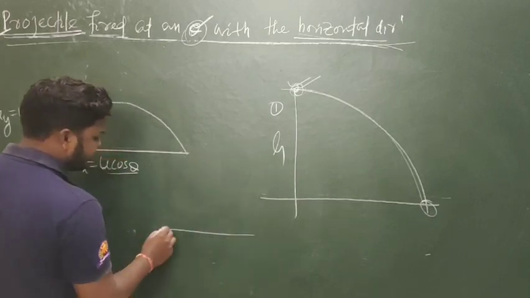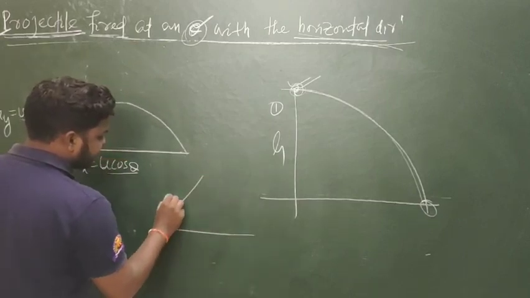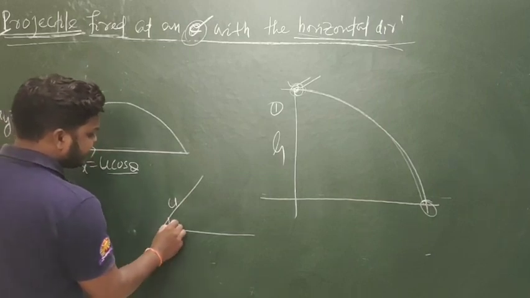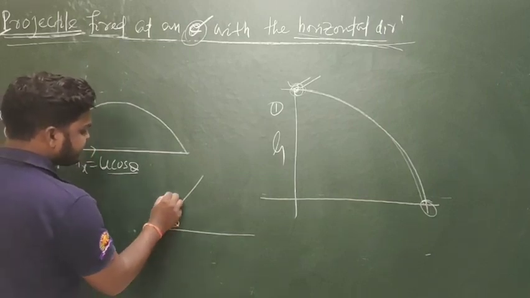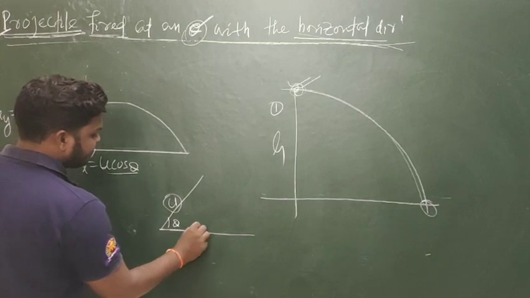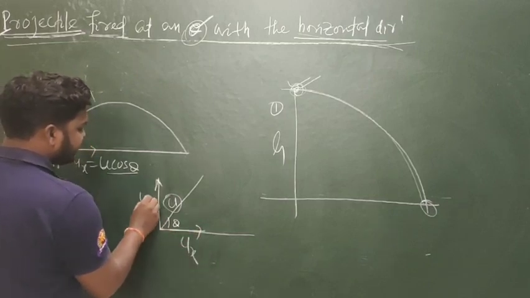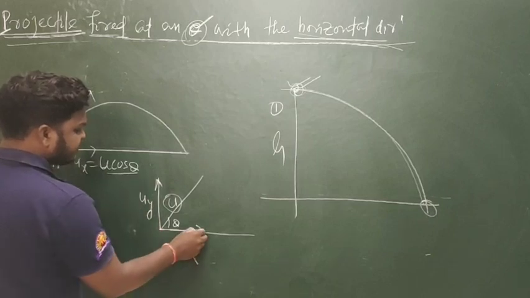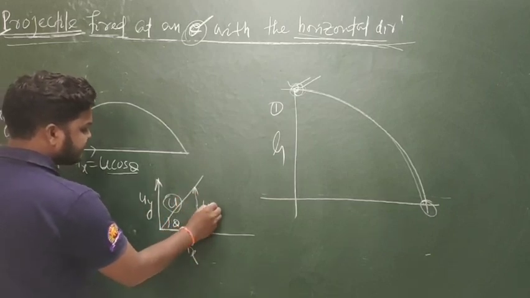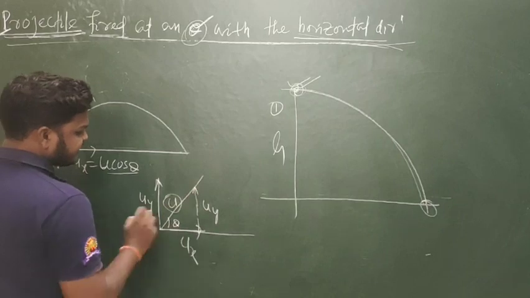Suppose this is the horizontal plane and we project with initial velocity u at an angle theta, and this initial velocity u has two components, one horizontal velocity and another vertical velocity. This uy is transferred to this side.